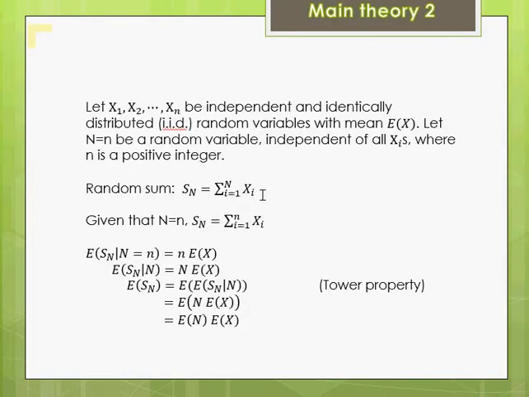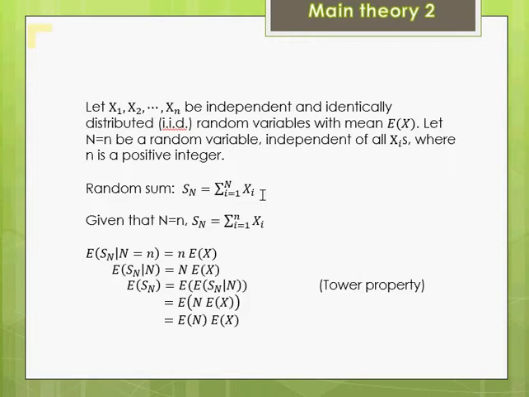Main theory 2. Let x1 up to xn be IID random variables with the common mean E of x. Let N, equal to small n, be a random variable independent of all the xi's, where n is a positive integer. Random sum means the sum of n numbers of IID xi's, given that N equals small n.